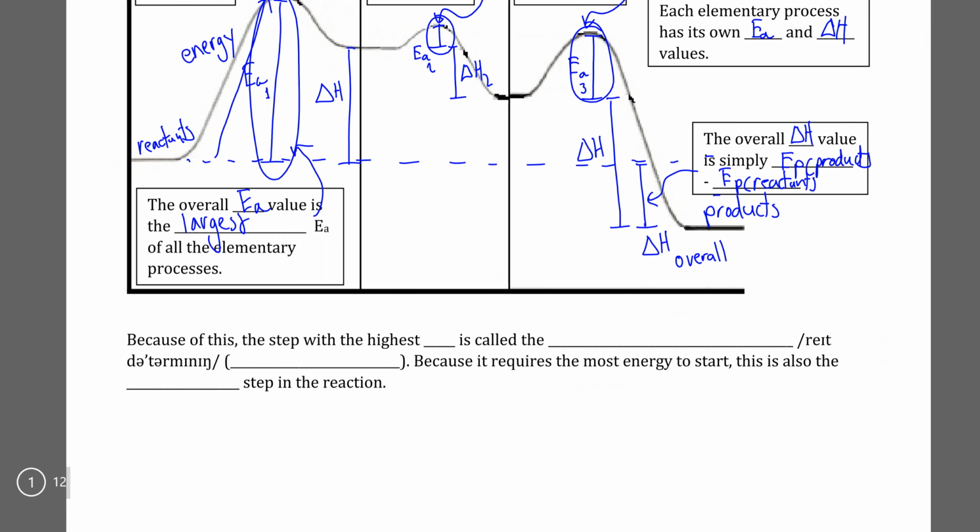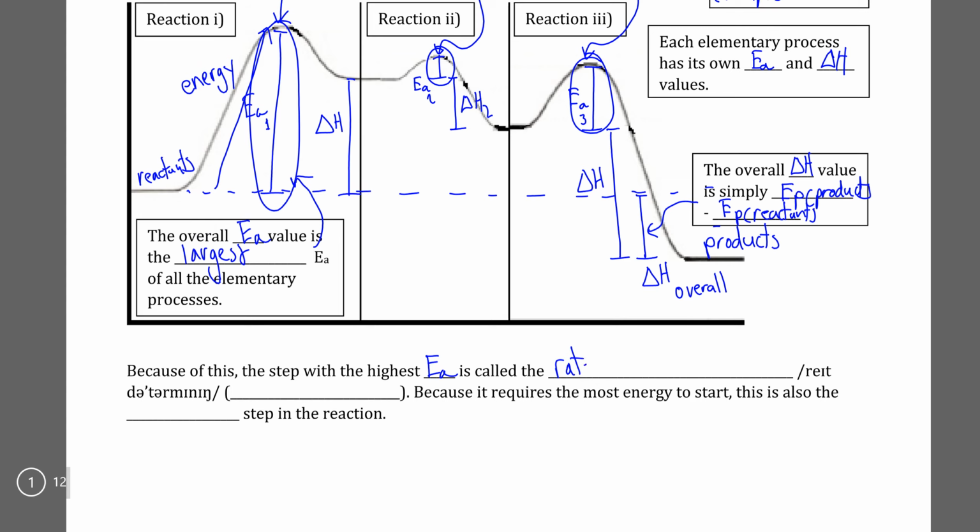For that reason, the step with the highest activation energy, in this case step 1, is what we call the rate determining step. We call it that because once we have enough energy to overcome this EA barrier and successfully do reaction number 1, the other 2 reactions will happen fairly spontaneously.